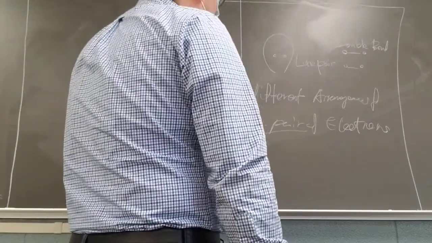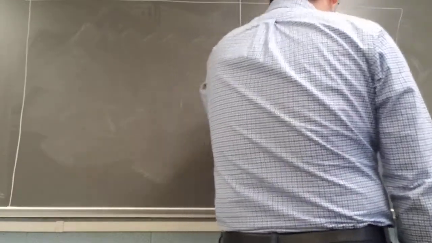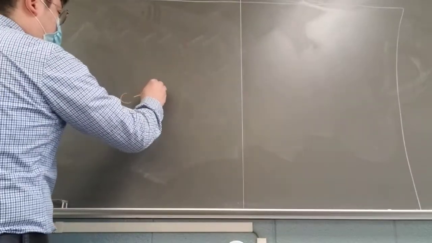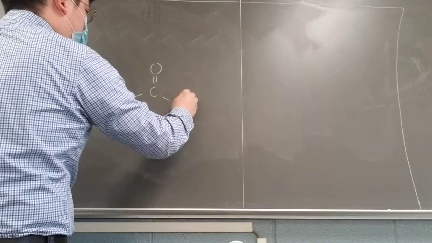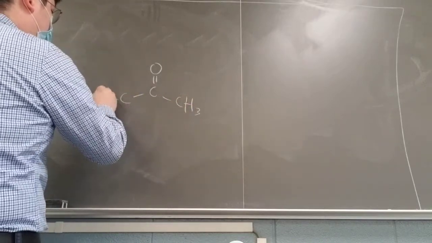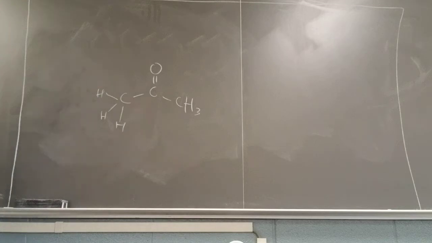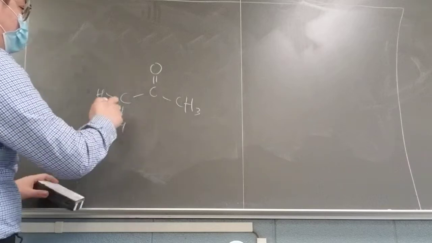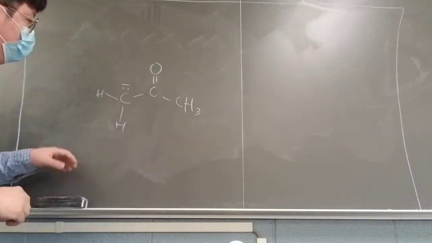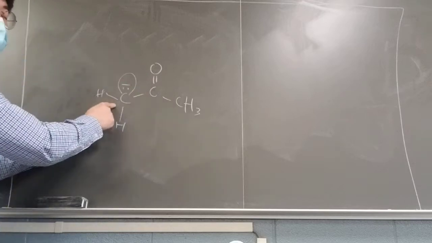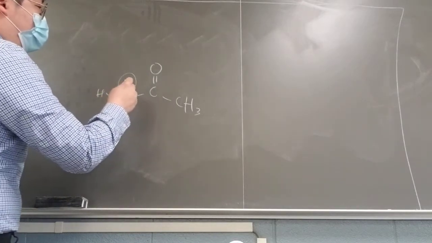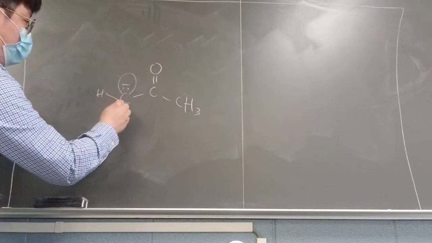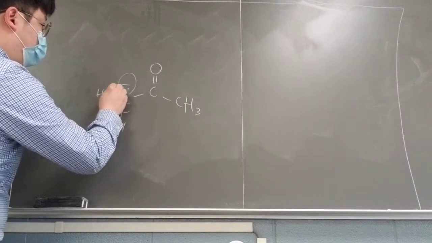Okay, so let's have an example over here. For example, if you have this type of compound, and you have one lone pair here, and one lone pair here. If you think about the formal charge, which is what we did last time, you can circle the carbon over here.